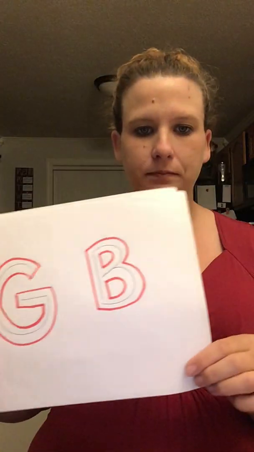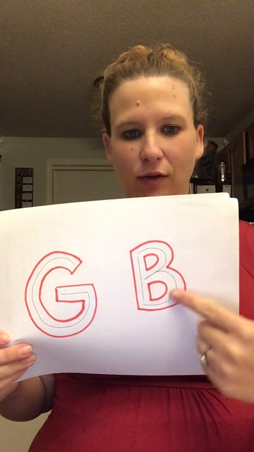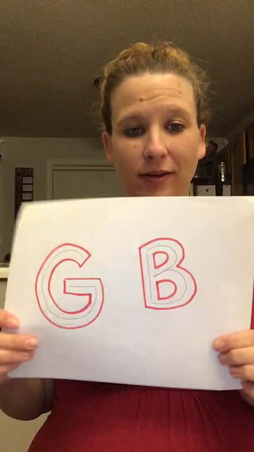So I also need to trace the inside here by drawing what looks like 2 D's. And there's my B. If I erase that center, I have my perfectly drawn block letter B. So again, you can use that for any letter that you want to do. Draw the letter, carefully trace around it, making sure you're staying a little ways away from that interior letter the entire time, and you're golden. You have perfect block letters.